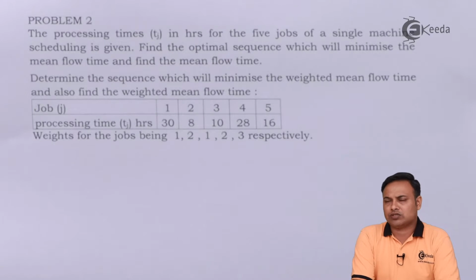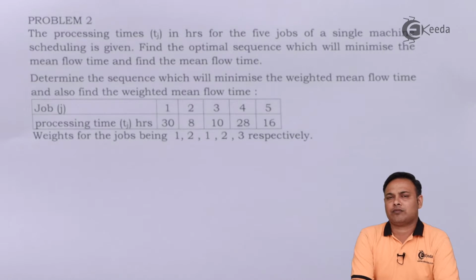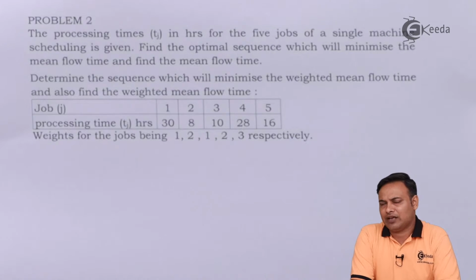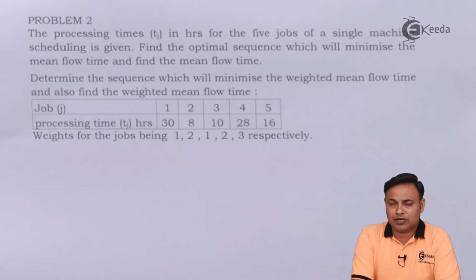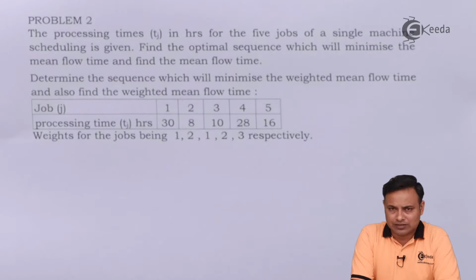Before jumping to the solution, what do you mean by mean flow time? Mean flow time is the total time for which your job or your process is in waiting to get completed. So imagine I introduce the material at the 11th minute in the process, but because the machine was not free, after the machine became free this material got processed and came out as a finished product after 20 minutes.